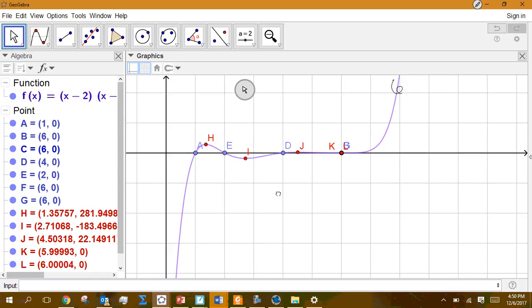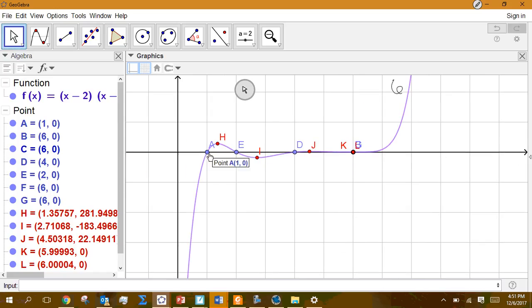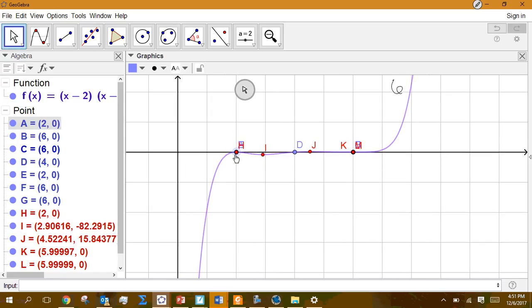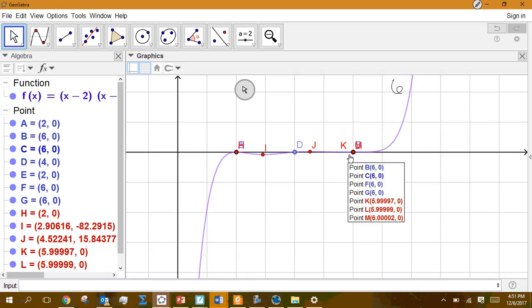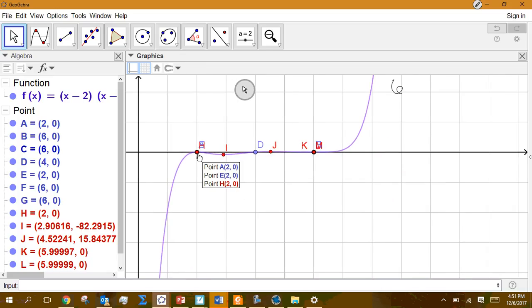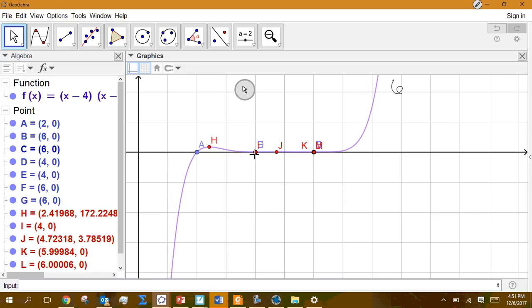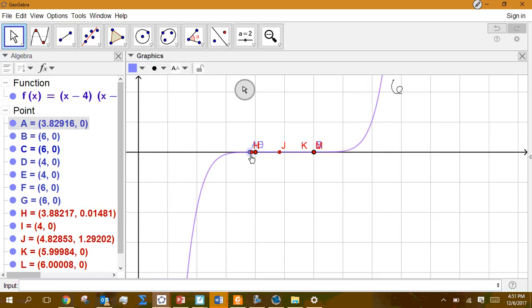So we still get 4 turning points, but now let's maybe move these 2 together. We move those 2 together, and we still get 1, 2, 3, 4 turning points. Okay, so 6 and 4 so far, but now move those points all together.